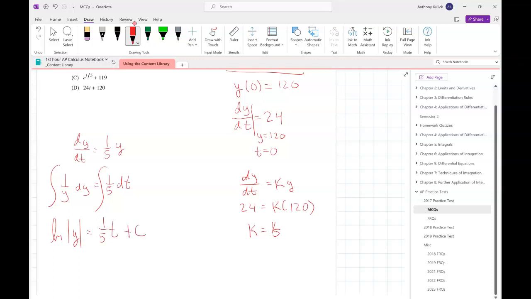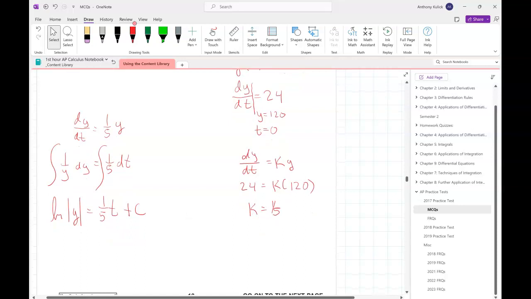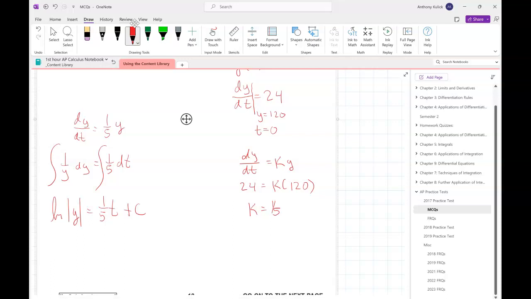And the antiderivative of 1/5 is just 1/5 t. And I need to put a plus c there somewhere. Now I'm going to get the y by itself. How do I get rid of the natural log that's in front of that y? I use the exponential base e on both sides.